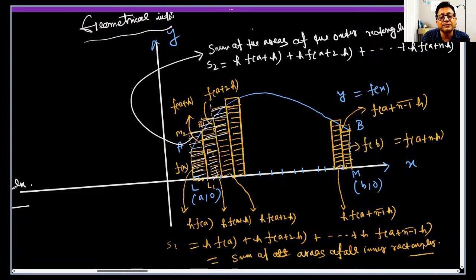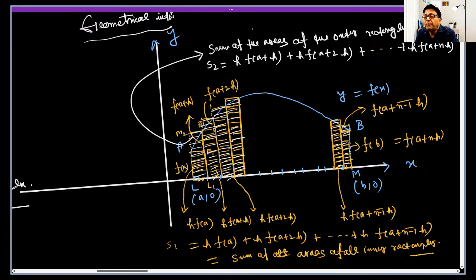The golden one, areas of inner rectangles; white ones, areas of the outer rectangles. Isn't it? Done? You understand? Clear? Now just consider one thing.